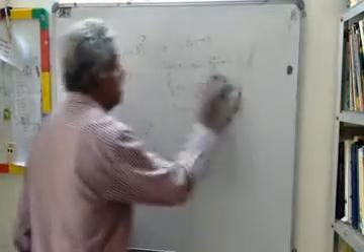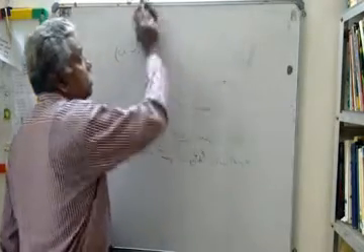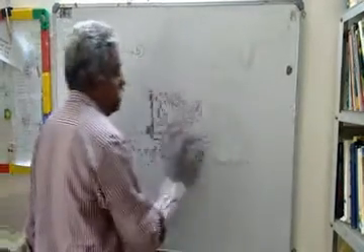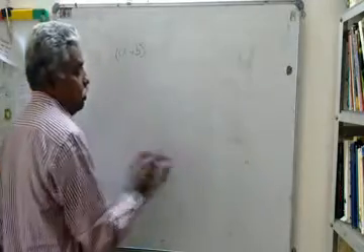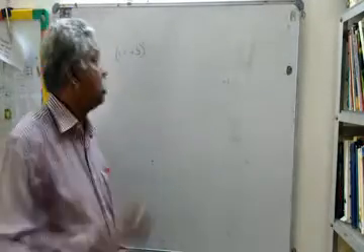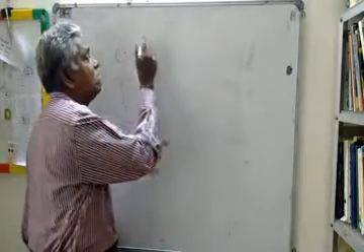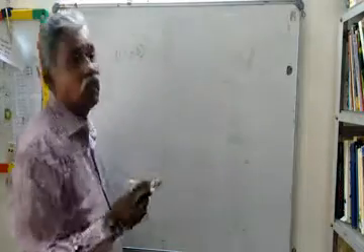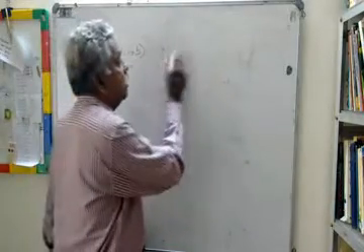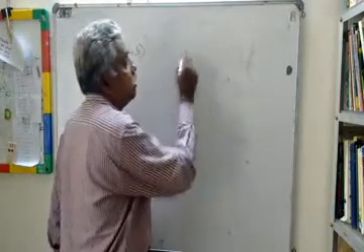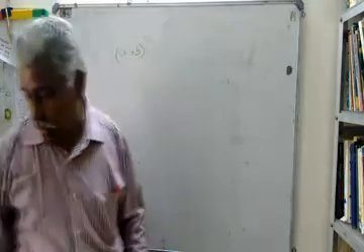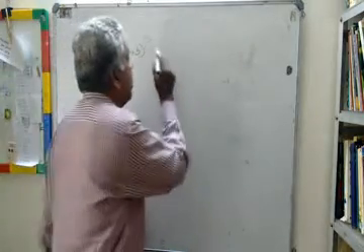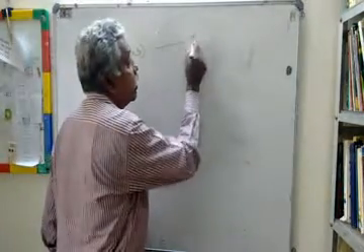Then we shall find the other case: if the power is 8, what would be the middle term? We know that if the power is 8, the number of terms is 9. So we shall find that there are 9 terms.